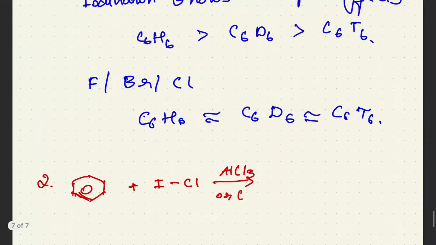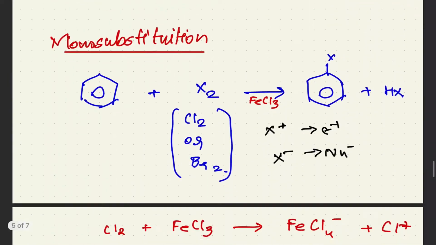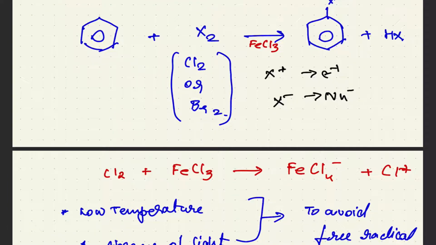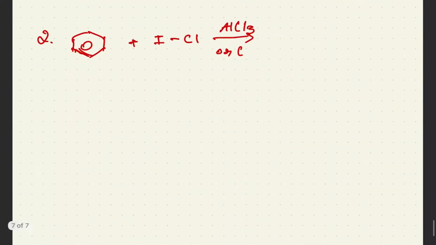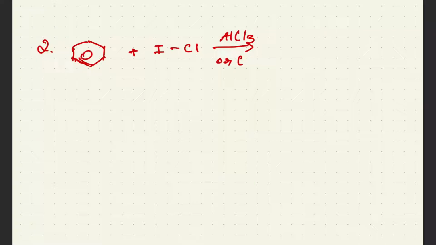I forgot to mention that FeCl3 is a Lewis acid, so instead of FeCl3 you can use any other Lewis acids over here. So we are using AlCl3, or you can also use ZnCl2. We get this. How do we get this?